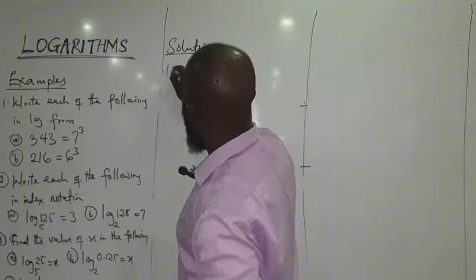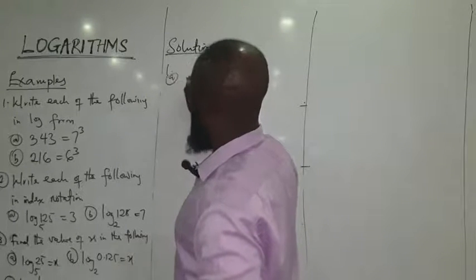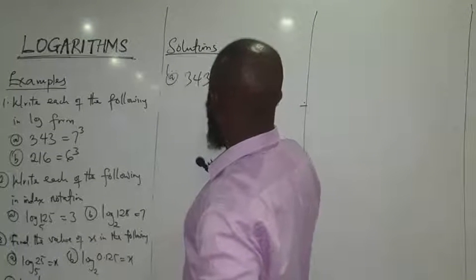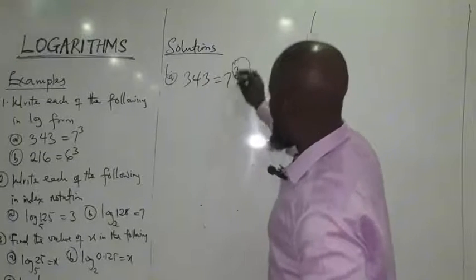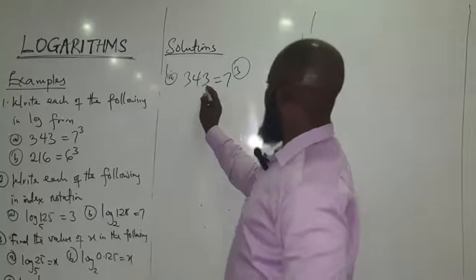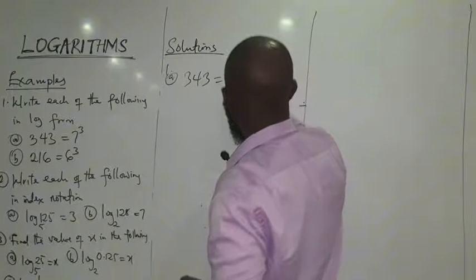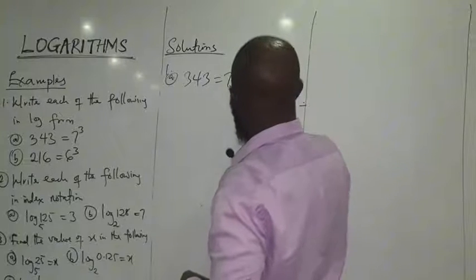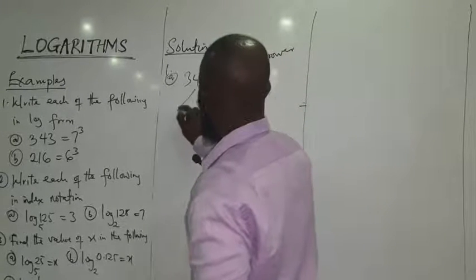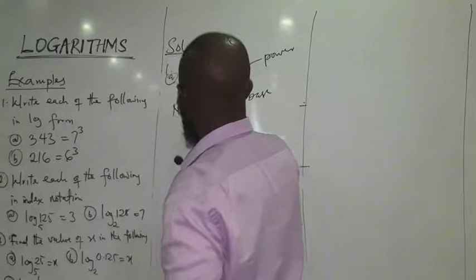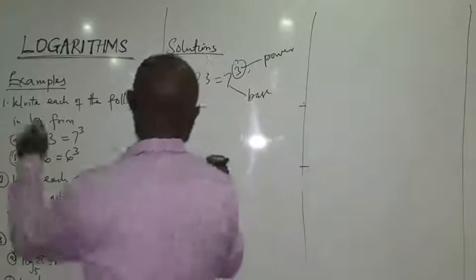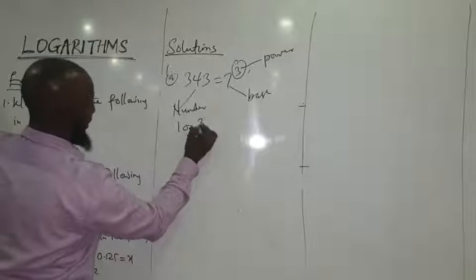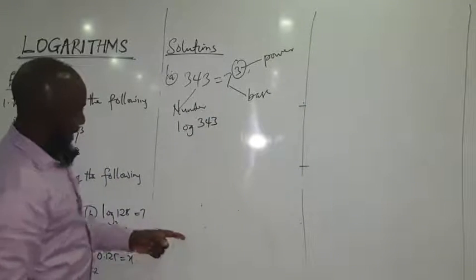As I explained earlier, on A, we have 343 equal to 7 raised to the power 3. Now the power here will be our answer. This is the power, this is the base, and this is the number. So it's going to be log of the number, which is 343, where is the base? 7.